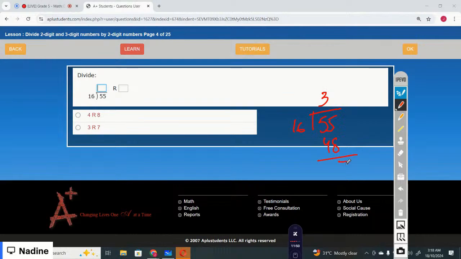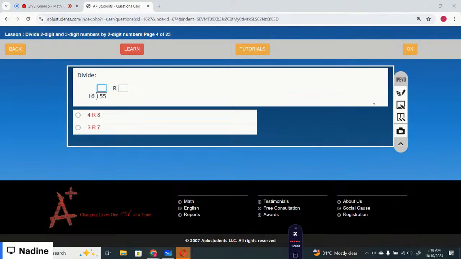You have the remainder 7, so that is 3 R 7. Option number 2 is the correct option, right? That is 3 R 7.